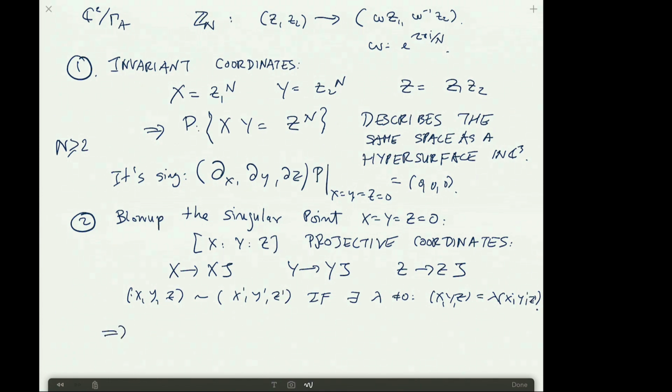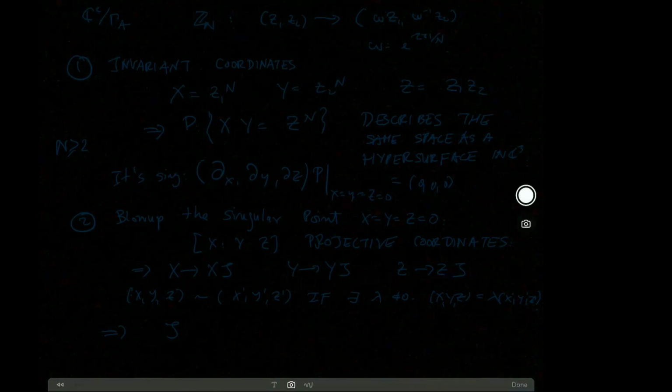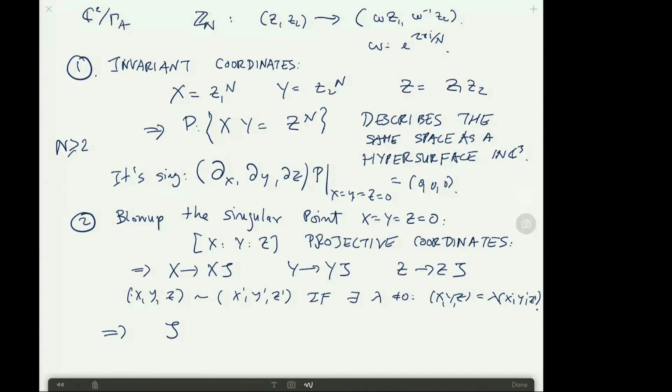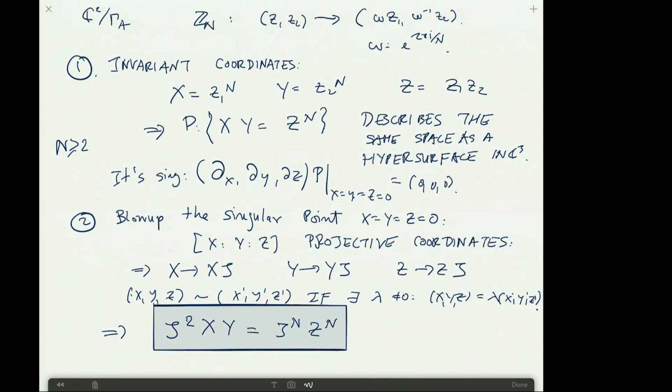Then our equation will become, let's just plug in this transformation here, zeta squared xy is equal to zeta to the n, z to the n, in these new coordinates. Okay, so now the question is, what have we done?